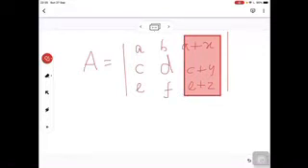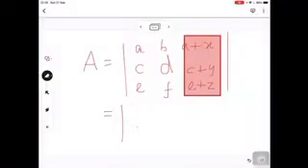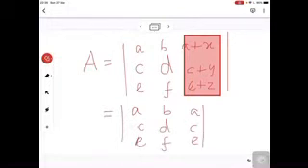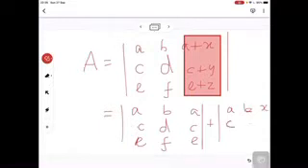So we can split the whole matrix A into 2 matrices: a, b, a; c, d, c; e, f, e, plus a, b, x; c, d, y; e, f, z.